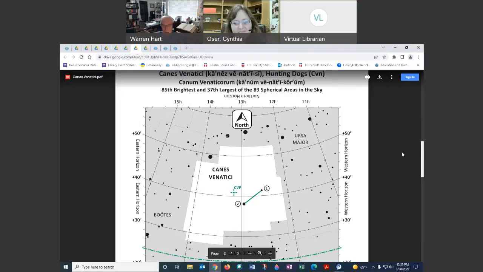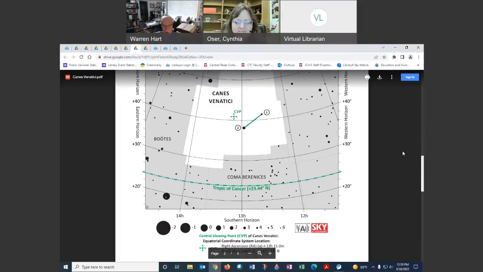All right. Now scroll down just a little bit on Canis Venatici, and notice what's next is Coma Berenices. This month, April, is the month where all the constellations I mentioned to you are the most straight perpendicular of any other month.